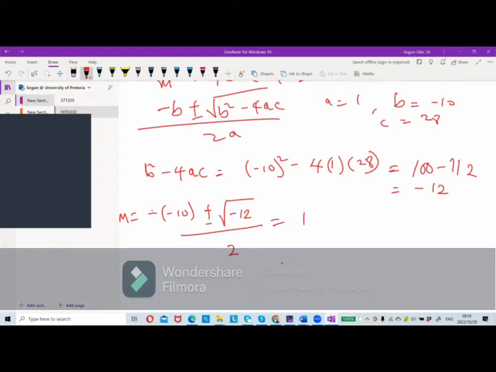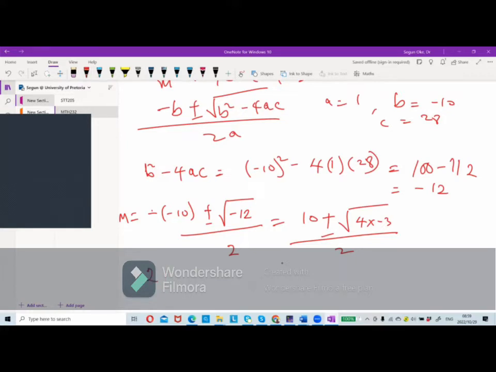Then we do square root of 4, so we have 10 plus or minus 2 times square root of negative 3, divided by 2. 2 is common to all of them.